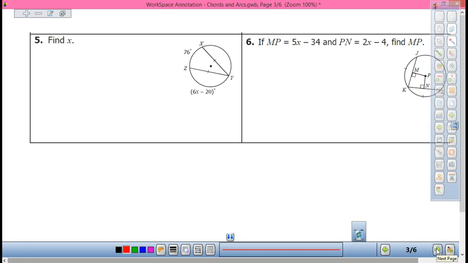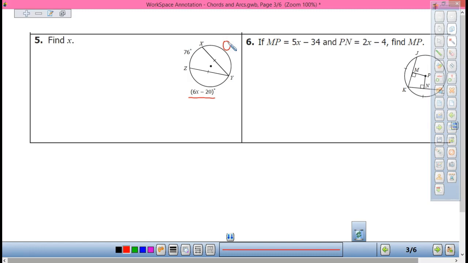In number 5, okay, so we have two congruent chords, right? So what do we know about the two arcs? That the arcs are congruent, yep. Okay, but how are we going to be able to figure out what x is? Yeah, we know that this is going to equal this guy, right?